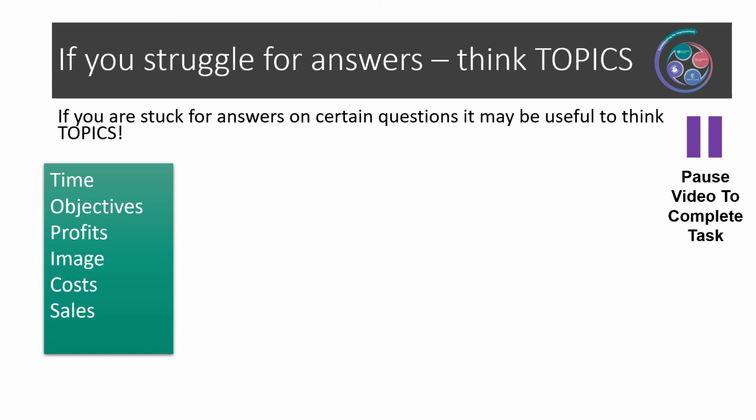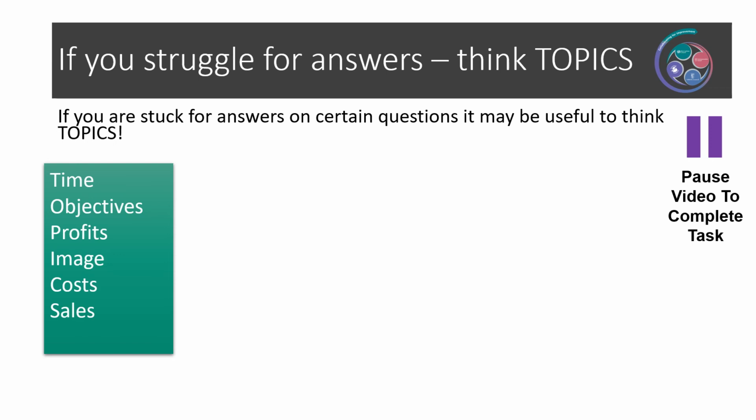Often you can talk about profits. You can talk about the image of an organisation, whether they have a good reputation or bad reputation, or striking, for example, may negatively affect the image. You can always talk about costs, how something is expensive due to, or sales.